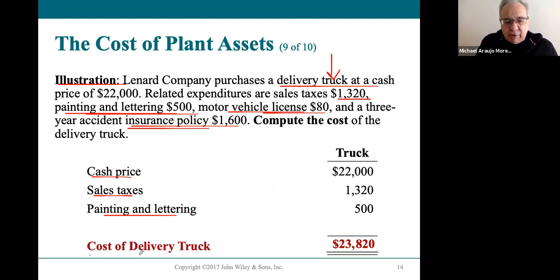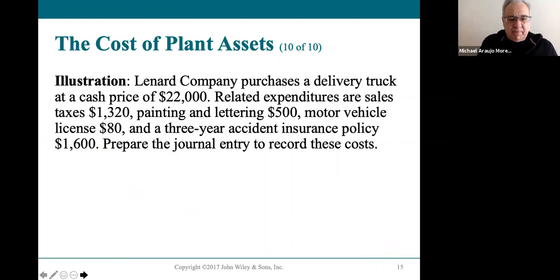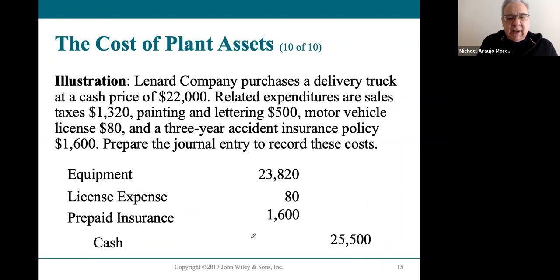So the actual cost of the truck is $23,820: the cash price, the sales tax, and the painting and lettering. This is what would be in the books as the cost of the truck. This would be debited to the truck or equipment account. So the journal entry for this would be a debit to equipment for $23,820.